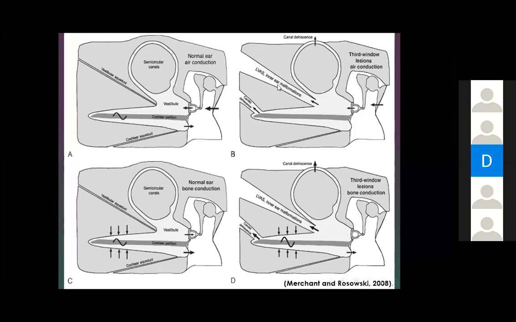Enlargement of the aqueduct, or enlargement of one of these other normal windows in our ear, leads to decreased resistance against passage of pressure fluctuation in the CSF. So fluctuation of pressure in the CSF, like coughing, sneezing or trauma, will be transmitted from this large aqueduct back to the cochlea, semicircular canals or vestibule, causing a harmful effect on our sensory cells.